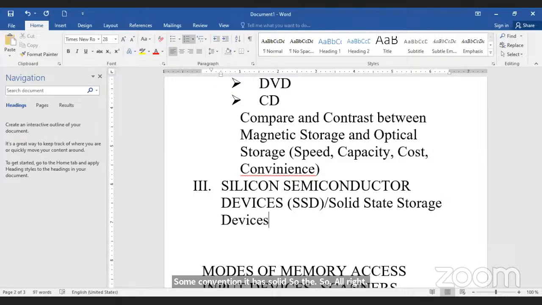Okay. So this is the latest technology. It comes in the 4th computer generation and the 5th computer generation.